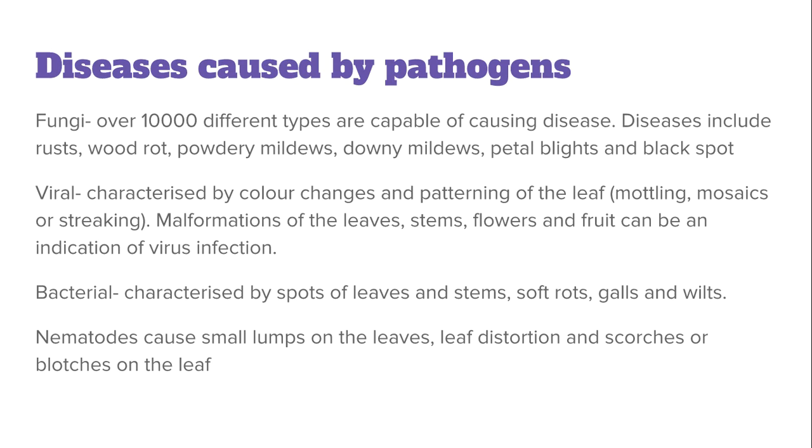Malformations of the leaves, stem, flowers, and fruit can be an indication of a virus infection. Bacterial infections also cause diseases in plants, and these are characterized by spots of leaves and stems, soft rot, scales, and wilts. And then nematodes can cause small lumps on the leaves, leaf distortion, and scorches or blotches on the leaf.